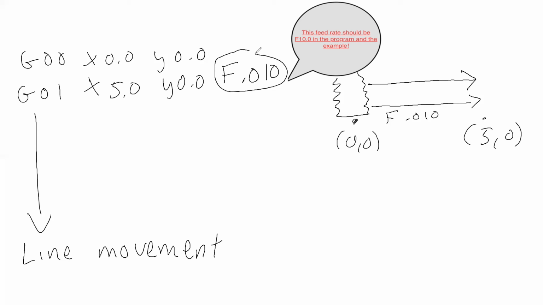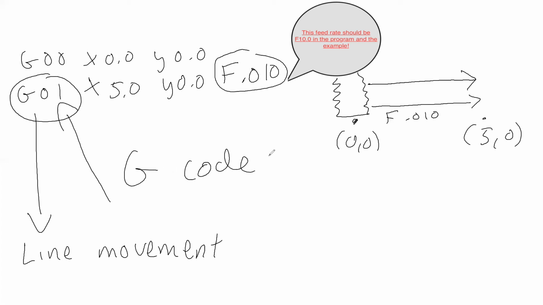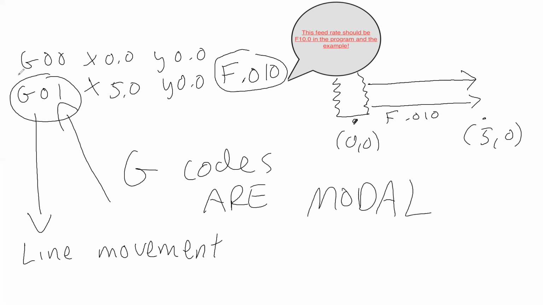But the important thing to know is we have to put this following line, this G01, because G codes are modal. And if we do not change the following line, it's going to move at whatever speed of that command is.